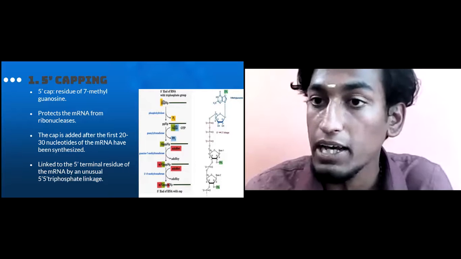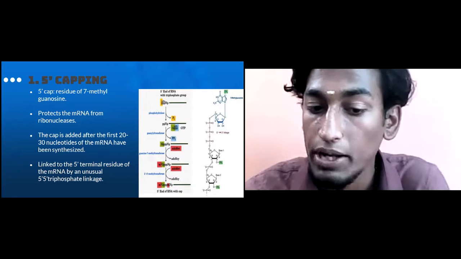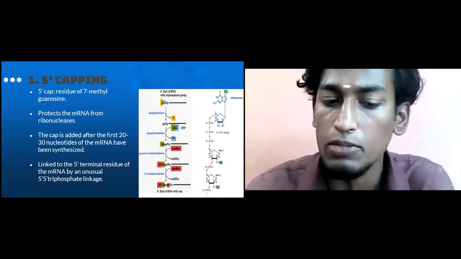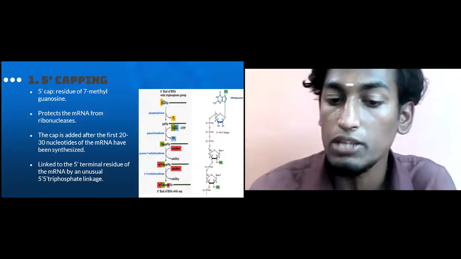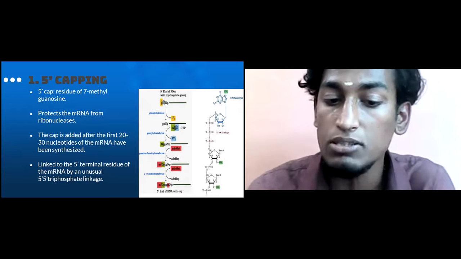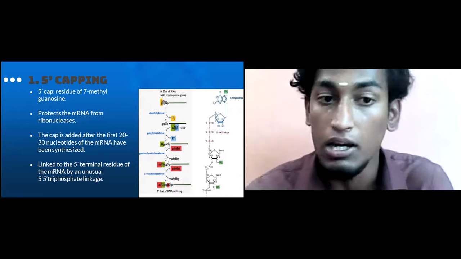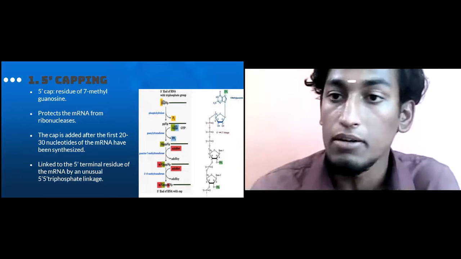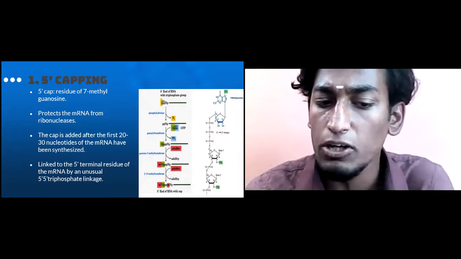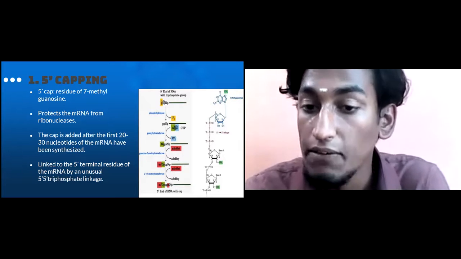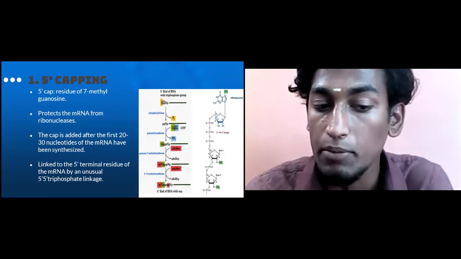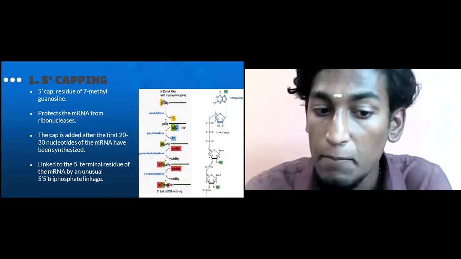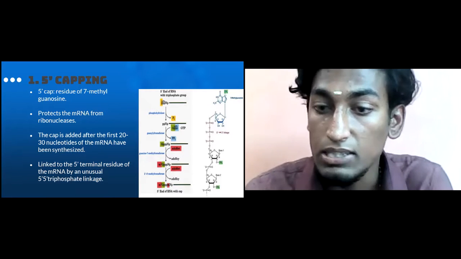A special 5'-5' bond connects this guanine nucleotide to the pre-mRNA, which is quite different from the normal 5'-3' phosphodiester bond that binds all other RNA nucleotides. To the 5' end, one more methyl group is added. This is another process: the methyl group is added to the 7th position of the base of the terminal guanine nucleotide, making the base 7-methylguanine.